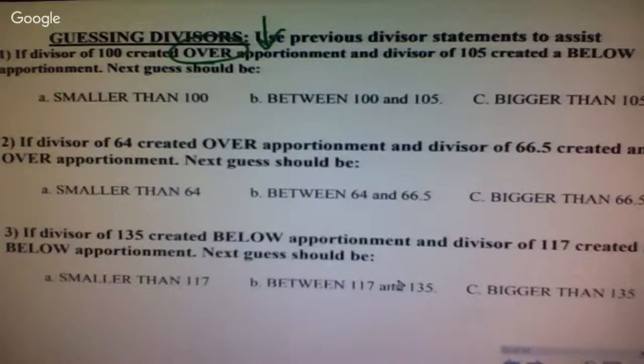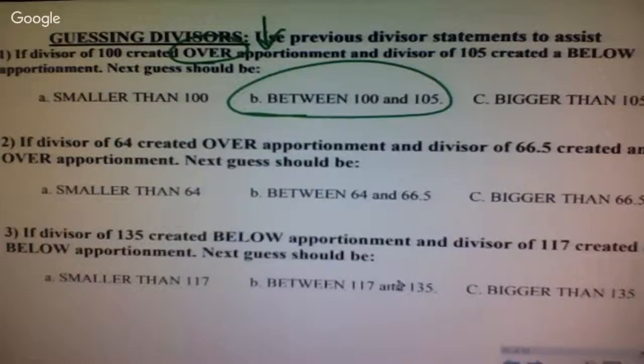So which one of these would work? Between 100 and 105. Okay, so a divisor of 64 brings me over, so I need to go down. 66.5 also takes me over, so I need to go down. Smaller than 64.